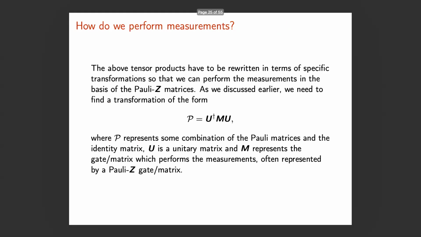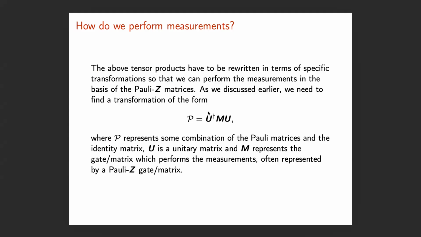Now, in the notes here, what you see is that they are both tensor products. They have to be rewritten in terms of specific transformations so that you can perform the measurements in the basis of the Pauli matrices. When we make the measurement, P here is some combination of the Pauli matrices, U is a unitary matrix, and M represents the gate matrix which performs the measurement, often given by a Pauli Z matrix.